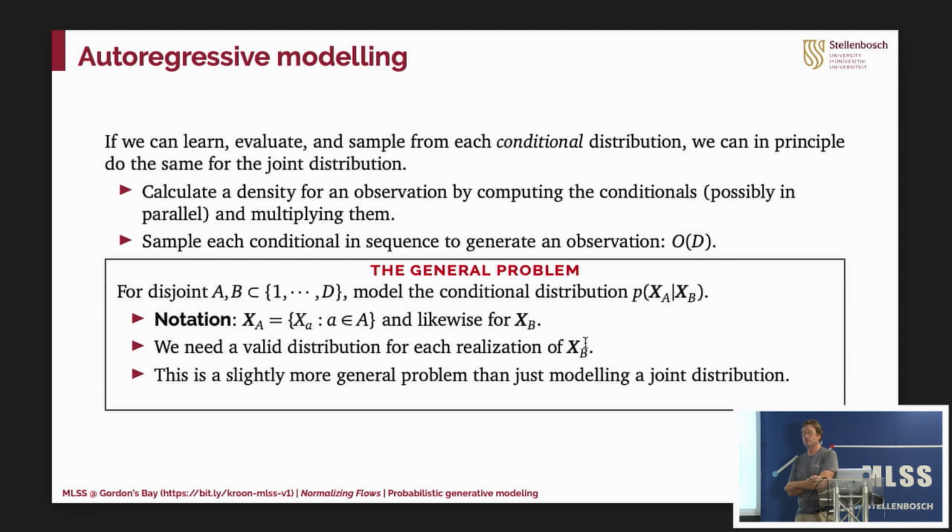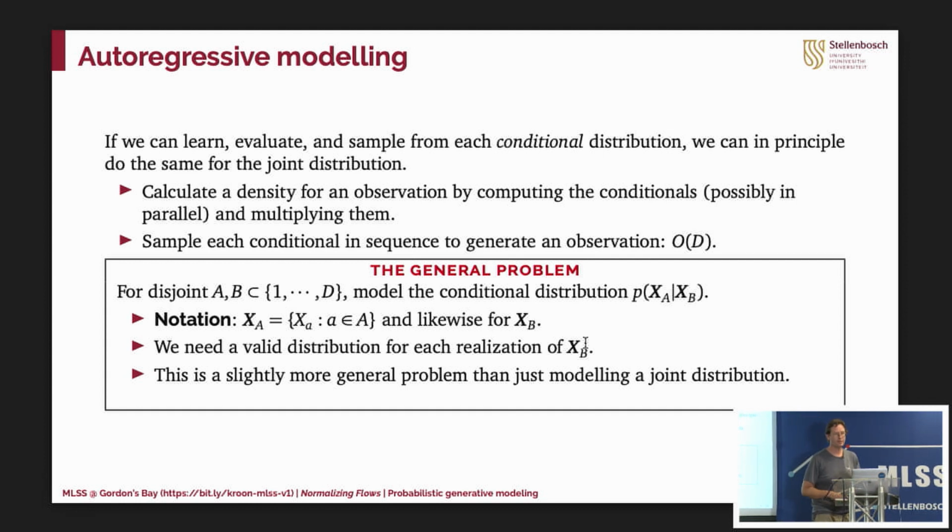So let's say we decided we're going to do autoregressive modeling. It seems to fit the bill. If we can learn, evaluate, and sample from each of those conditional distributions, which is not the same as the original problem of just learning a marginal distribution, we now have to be able to learn conditional distributions.